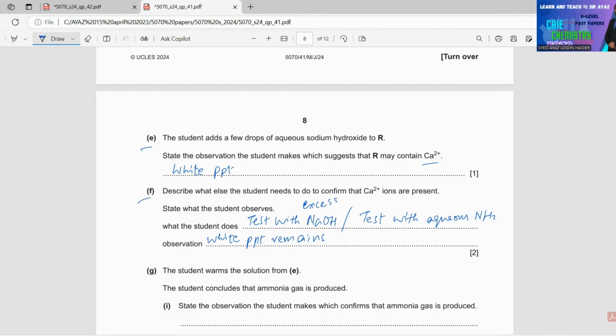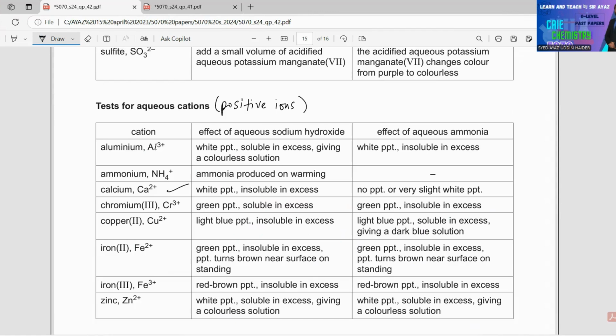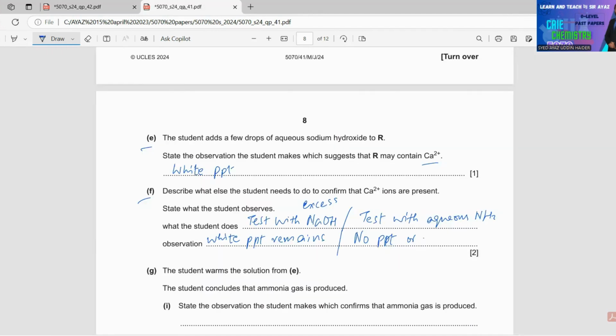Here you will write excess NaOH: white PPT remains, and test with aqueous ammonia: no PPT or very slight white PPT.